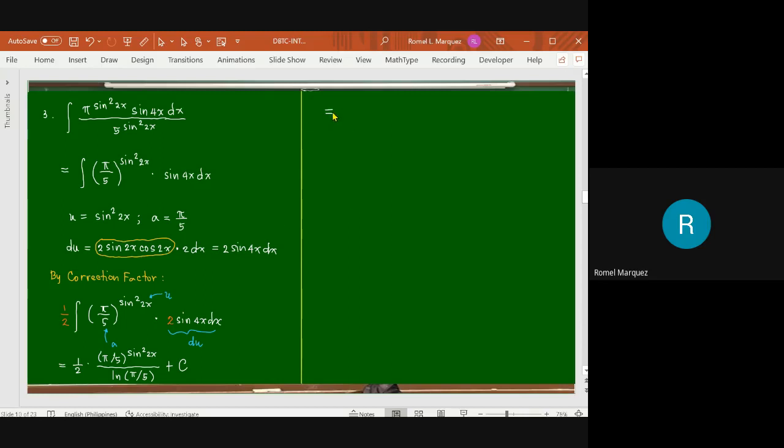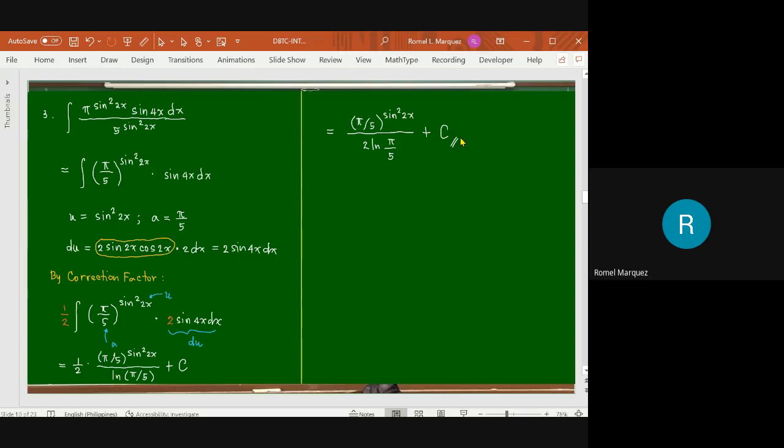All we need to do is to put it in a nice form: pi over 5 raised to sine squared of 2x, over 2 ln of pi over 5, plus c.